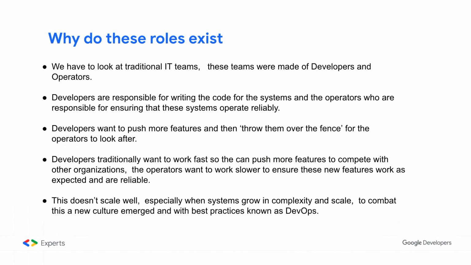So why do these roles exist? We have to take a little bit of a step back. Cloud is relatively new. There are still some legacy organizations that are still moving into cloud. And they have traditional IT teams where they're split between developers and operators. The developers are looking to push new features to the applications, and they sometimes throw them over the fence for the actual operators to look after.